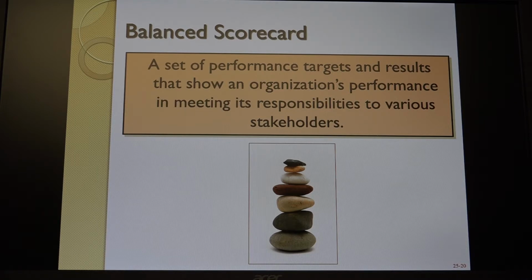And so this balanced scorecard is a set of performance targets and results that show the organization's performance in meeting its responsibilities to various stakeholders. Notice it doesn't say shareholders, stakeholders. Different organizations, different people have a stake in the company.